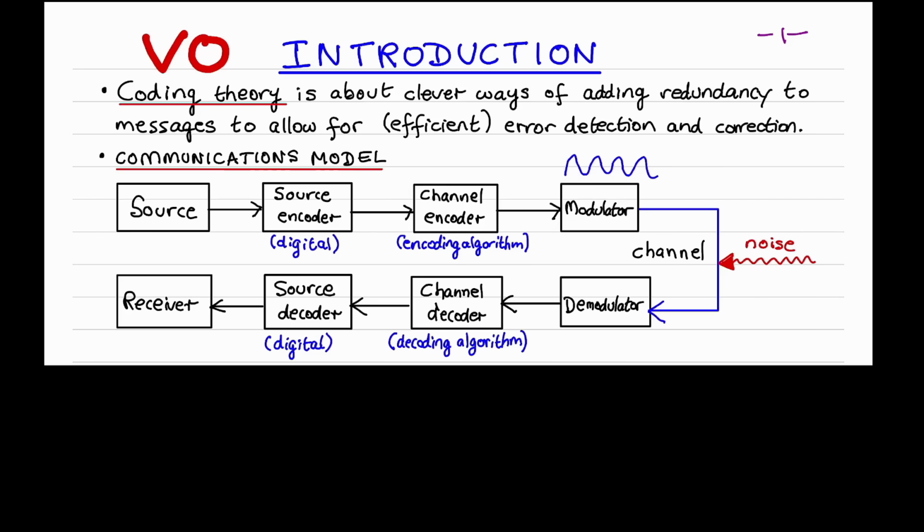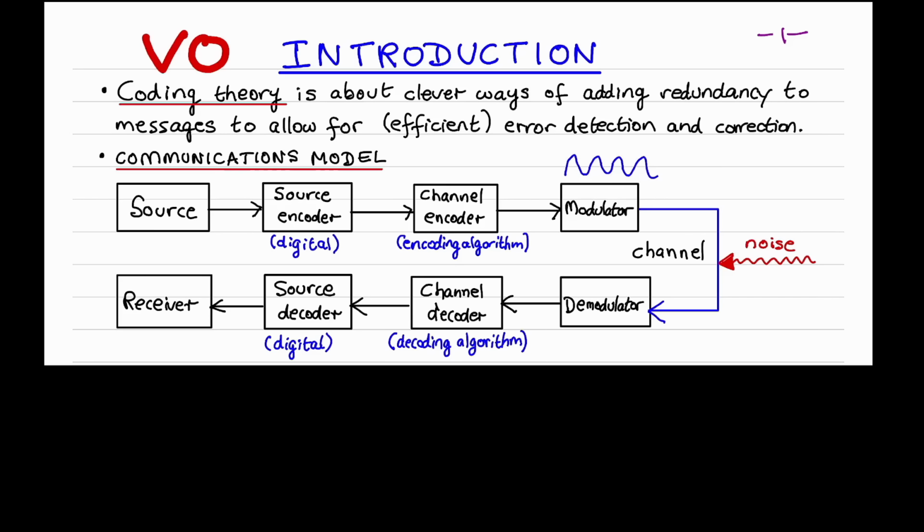For example, the modulator might convert a 1 to a high electromagnetic wave of some kind, and a 0 to a valley of the wave. So peaks correspond to 1 bits, and valleys to 0 bits.